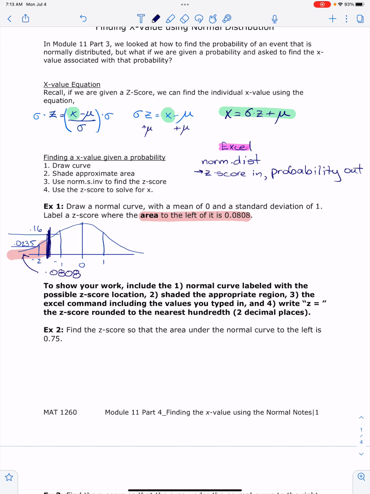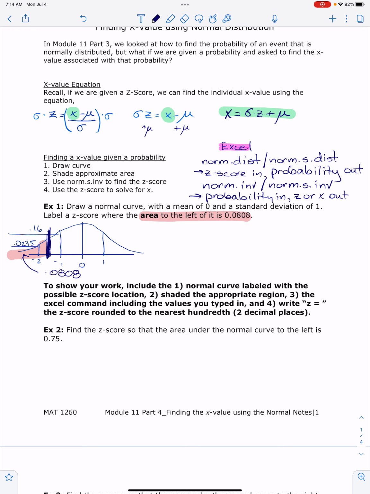That was norm.dist, and norm.s.dist if we had a straight z-score. Now we're going to use norm.inv or norm.s.inv, which is probability in, z or x out. We'll be specific about which ones we use where in just a minute.